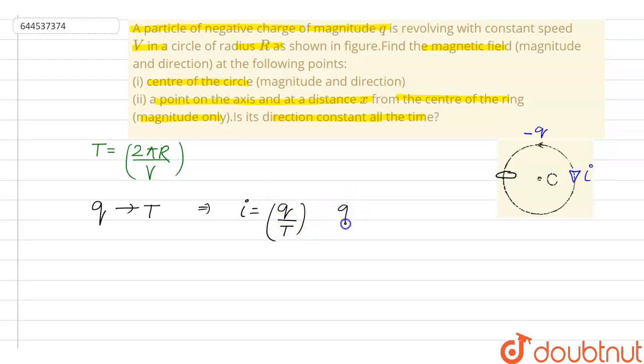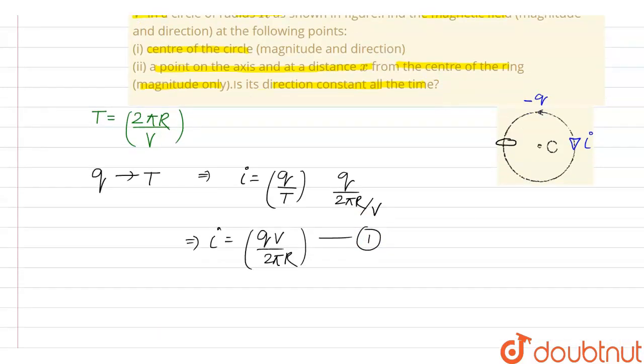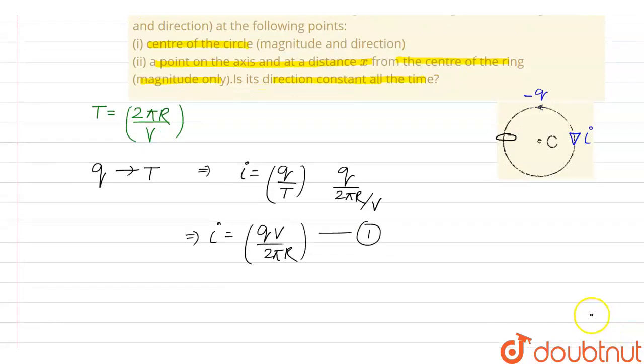Here we know the value of time period, so we can put it as 2 pi r upon v. So current can be written as I is equal to qv upon 2 pi r. This is the current associated in the loop due to the revolution of the charge. And we know the current is clockwise because the charge is negative and it is moving in the anti-clockwise sense.